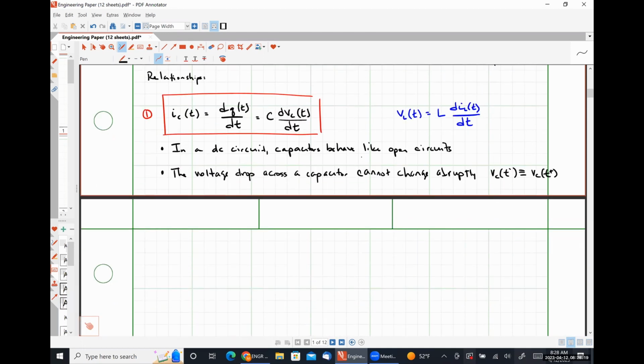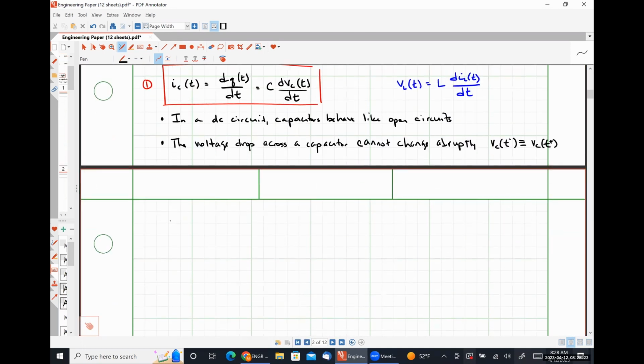And what that'll give us is that the voltage drop across a capacitor is equal to 1 over C times the integral from -infinity to t of IC(t') dt', or 1 over C, the integral from t naught to t of IC(t') dt' plus VC at t naught.